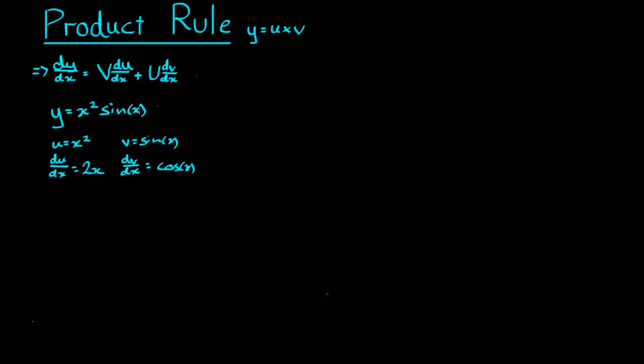I should mention that the end goal here is to find what dy/dx is equal to, but so far we only have du/dx and dv/dx. So using this bit of information here, we can actually complete the formula that we have up here.